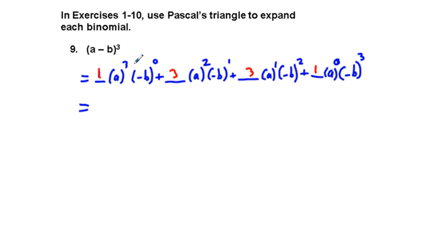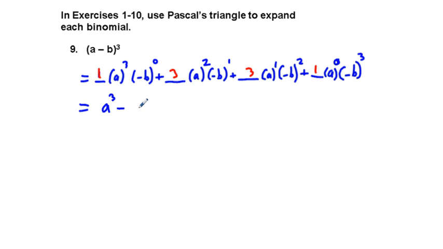Okay, so we have 1 times a to the third, so we have a to the third power. And the next one, we're going to have this 3a squared, but we have minus this negative b to the first power.